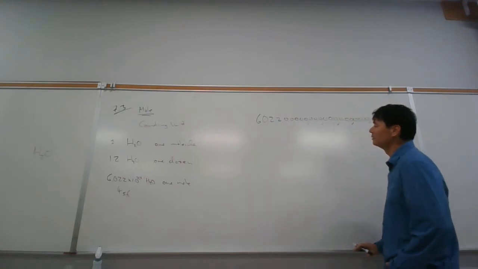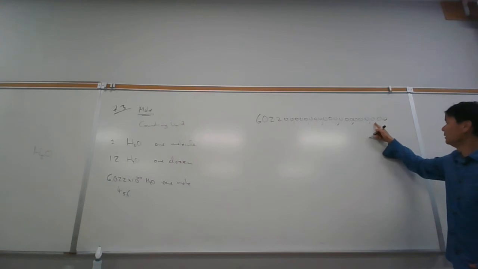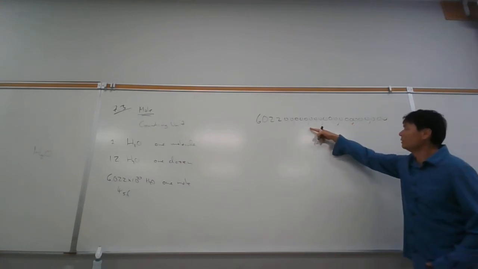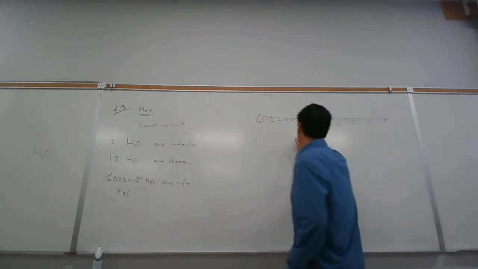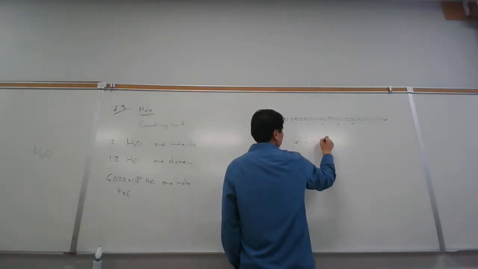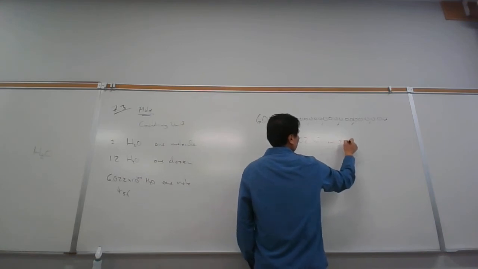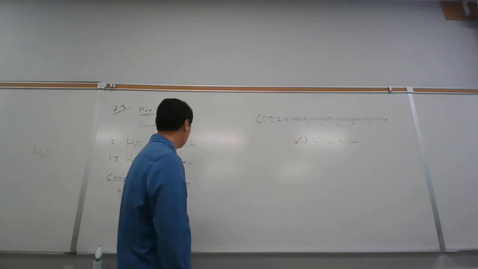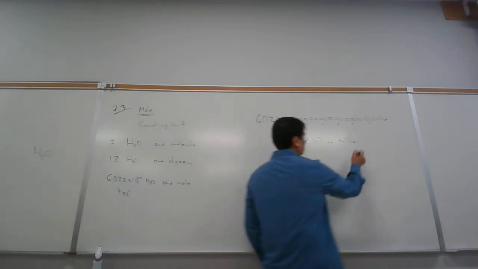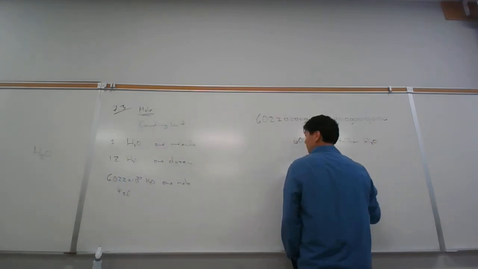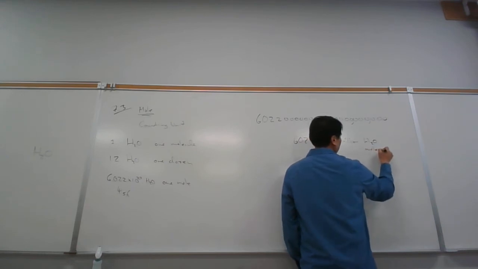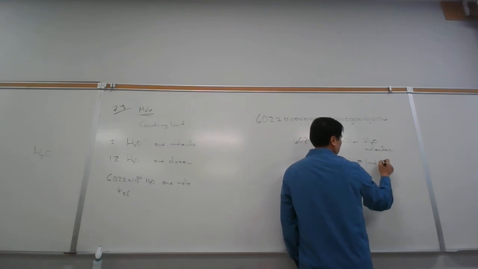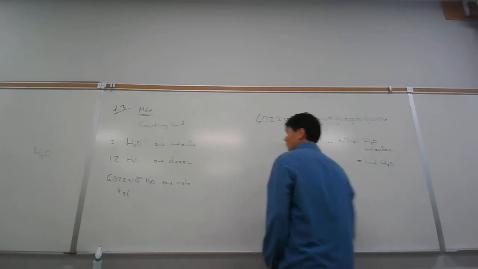Now it's right. So what would this be? This would be 1,000, million, billion, trillion. So this would be 602 billion trillion water molecules. This is equal to 1 mole of water.